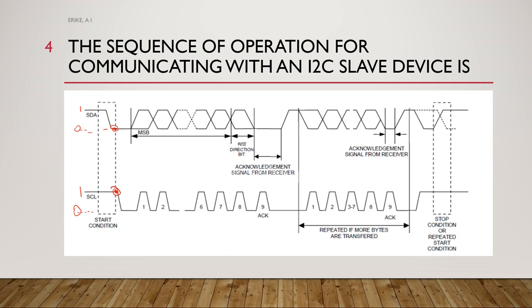When he sends that address, he sends it along with the read or write operation command. So note that the master writes to the slave when the data signal is 0, and he will read from it when the data signal is 1.